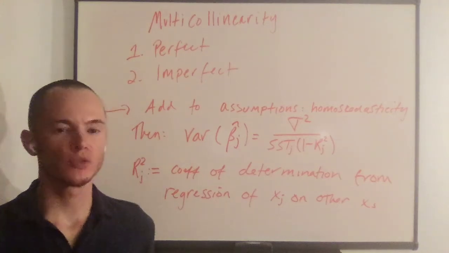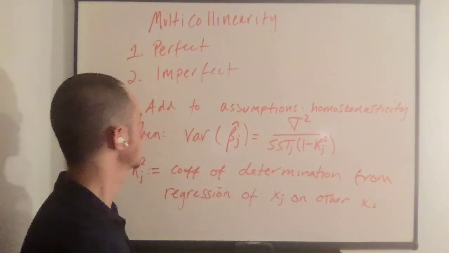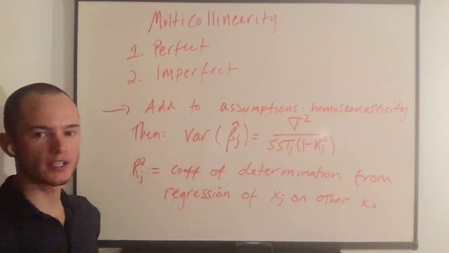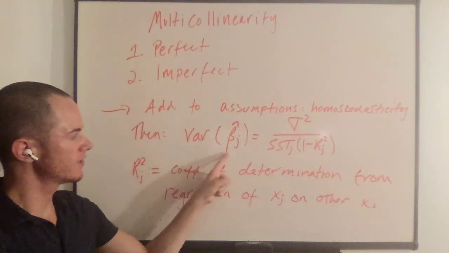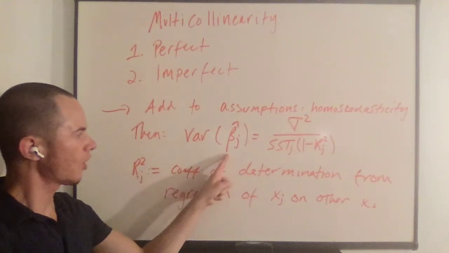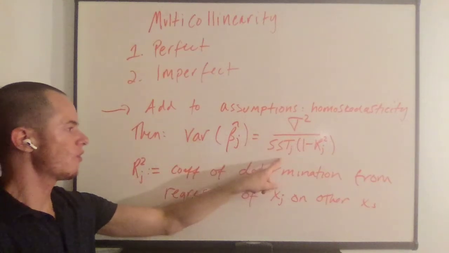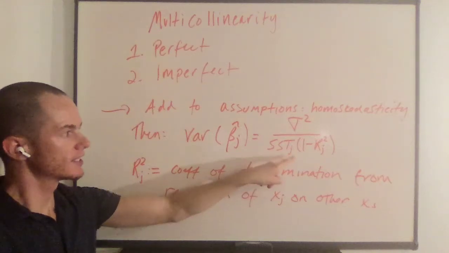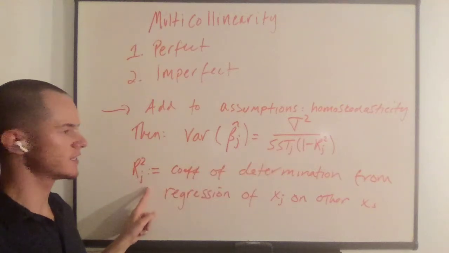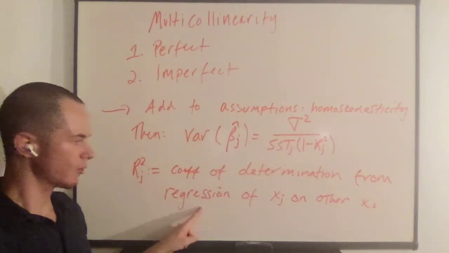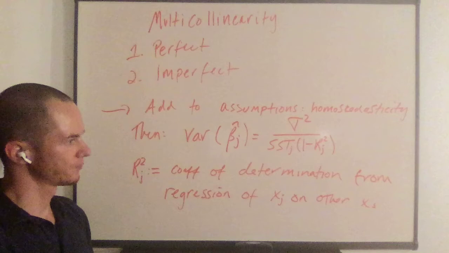So let's try to characterize this a little bit more carefully. If we add to our assumptions homoscedasticity, then we can write the variance of our estimator of beta j as sigma squared over the total sum of squares of j times 1 minus r squared j, where r squared j is the coefficient of determination from a regression of xj on the other independent variables.